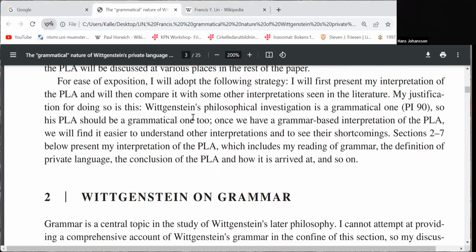For ease of exposition, I will adopt the following strategy. I will first present my interpretation of the PLA, and then I will compare it with some other interpretations seen in the literature. My justification for doing so is this.